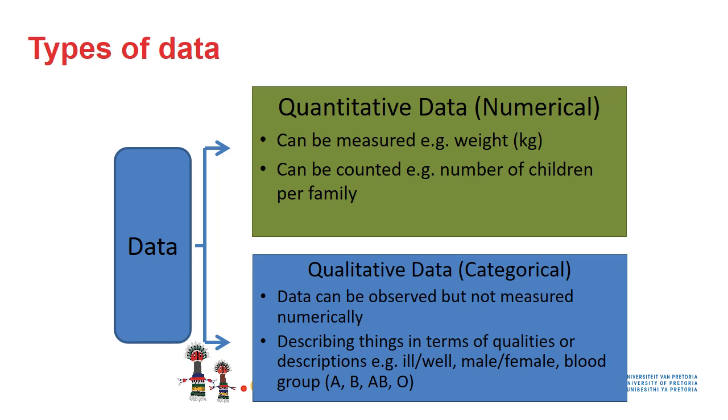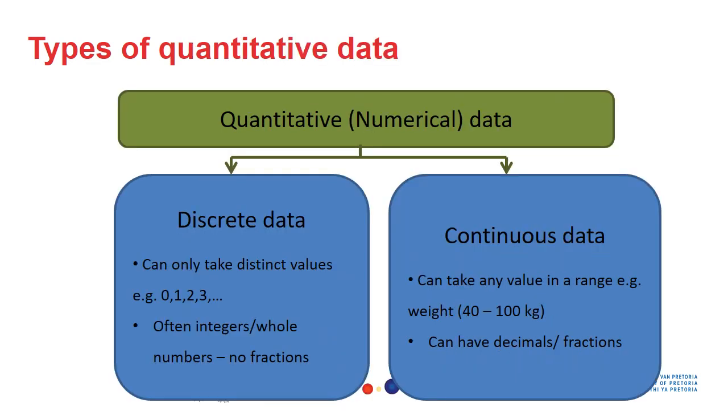Qualitative or categorical data is simply observed. For example, what is your blood group? It could be A, it could be B, AB, or O. It is qualitative data and can be put in categories. And it is not numerical because there are no numbers there.